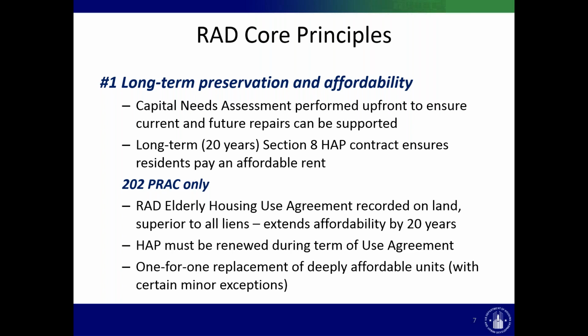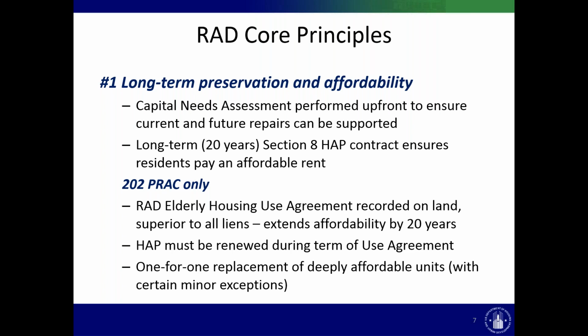Once converted, the property goes under a long-term Section 8 HAP contract, which provides stable subsidy to the property and ensures that tenants pay an affordable rent. Not applicable to mod rehab conversions, but specific to 202 PRACs, we also record a RAD elderly housing use agreement on the land, which extends the required affordability of the property 20 years beyond which their current use agreement would normally go.